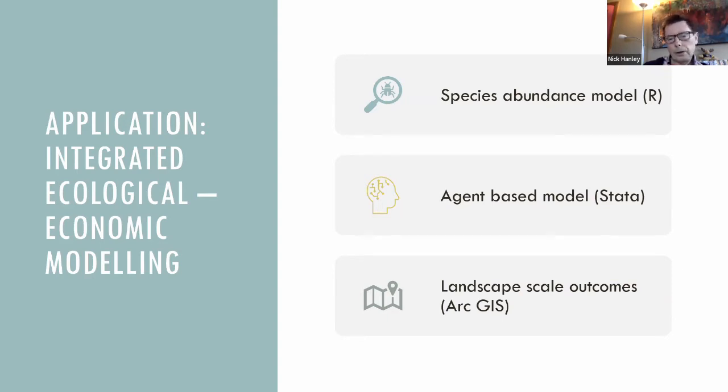In this new work, it's an agent-based model. It runs in Stata, and it's very spatially explicit. Then both the outputs from the ecological model and outputs from the economic model, we can display spatially using GIS. So these are the three pieces that we put together to make this work.